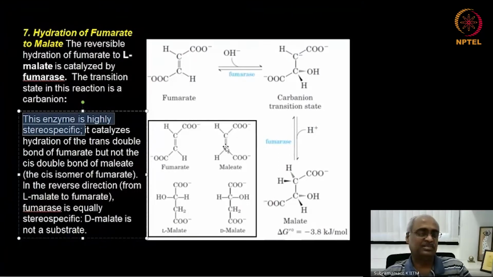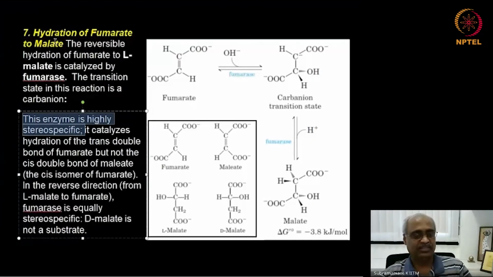So this is the cis isomer of fumarate, and this is not a substrate for this fumarase enzyme. Okay, and similarly, in the reverse reaction, it will not take the D-malate and it is only the L-malate. So this is the hydration reaction by fumarase to produce malate. See, we are almost there.